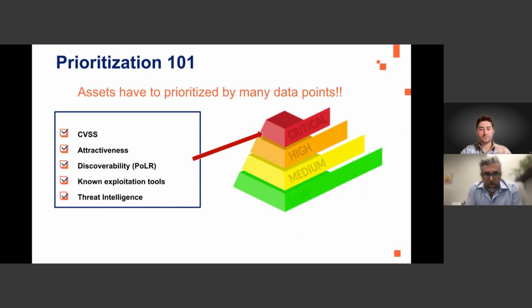When we are talking about a specific vulnerability and how we prioritize the several vulnerabilities that we are facing, yes, we have the CVSS score, but we also have to keep in mind the attractiveness for the attackers: how easy it would be for the attacker to find it, the path of least resistance, as we call it, or the discoverability of that asset. Are there any known exploitation tools available out there from attacker gangs or organizations?